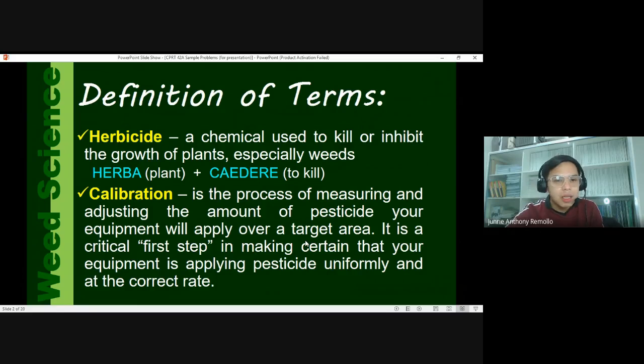And then calibration is the process of measuring and adjusting the amount of pesticide your equipment will apply over a target area. It is the critical first step in making certain that your equipment is applying pesticide uniformly and at the correct rate.